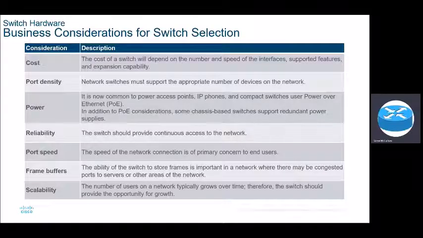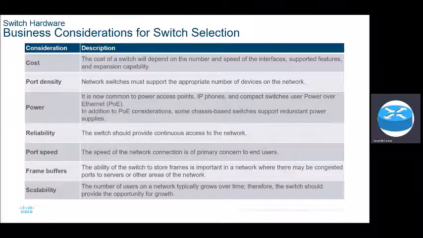Reliability: the switch should provide continuous access to the network. Port speed: of course, that's a requirement you need to nail down so that things aren't too slow or you're not paying too much for high-speed ports. Frame buffers: the ability of the switch to store frames is important in a network where there may be congested ports to servers or other areas of the network.